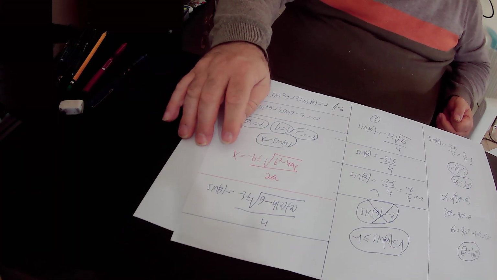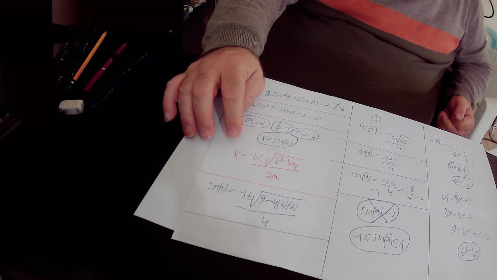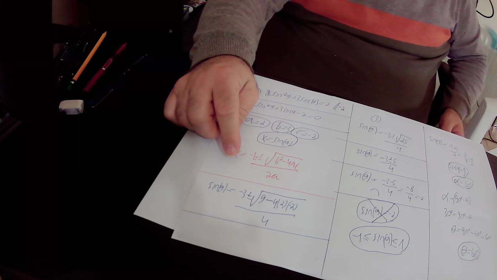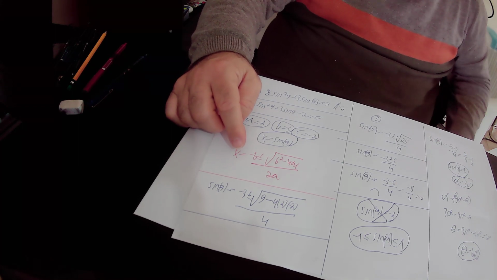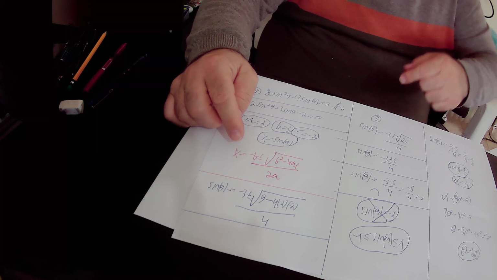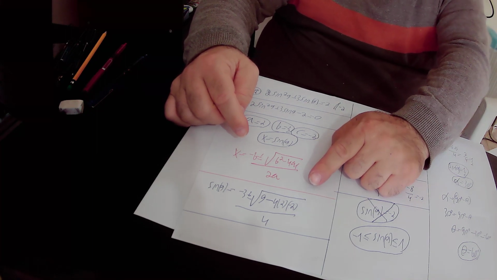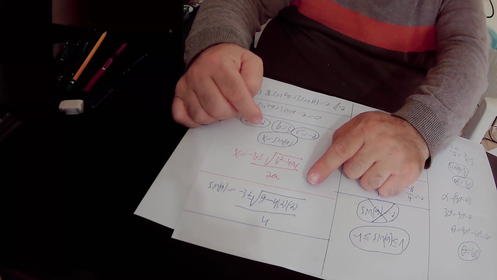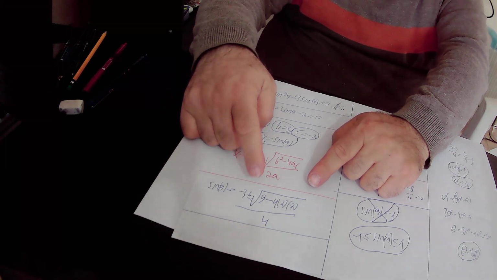So here we will put the data into this formula and find the values of sine alpha. Sine alpha equals minus b, b equals 3, so minus 3, plus minus the square root of b squared, that is 3 squared, 9, minus 4 times a, which is 2, times c, which is minus 2, over 2a.